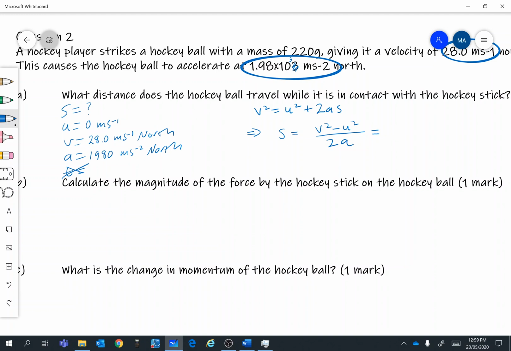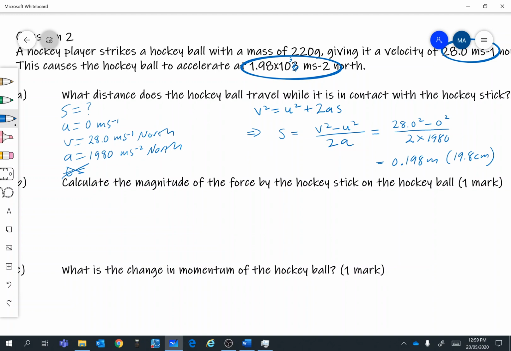So we go ahead and put these numbers into our equation. If you put that through the calculator, you should get 0.198 meters. Not that you need to convert this, but that's 19.8 centimeters. So that's part A.